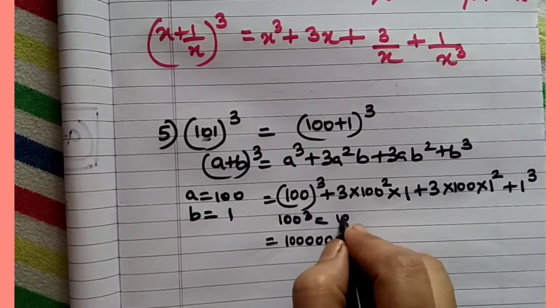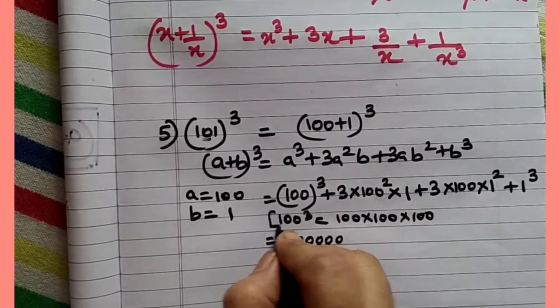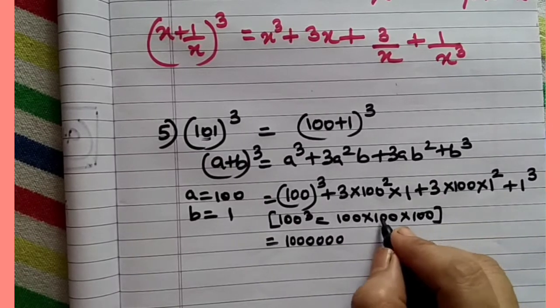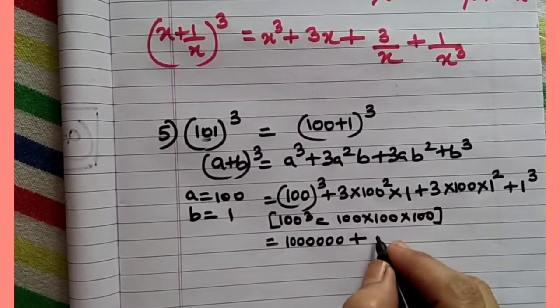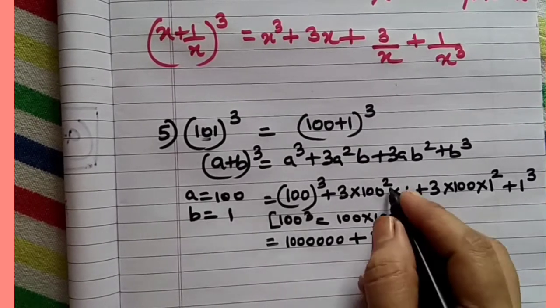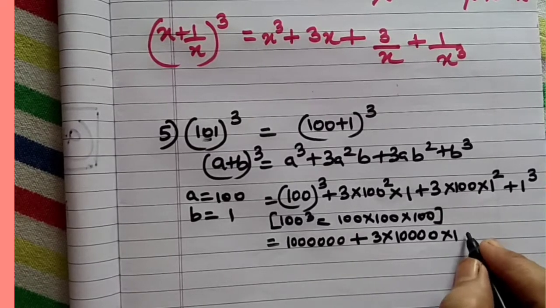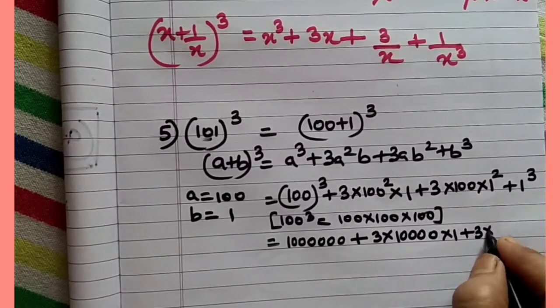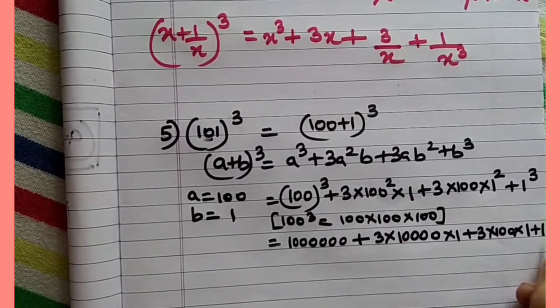So 1, 2, 3, 4, 5, 6 zeros. Now plus 3 into, now 100 square, that will be 4 zeros, into 1, plus 3 into 100 into 1 square is 1, plus 1 cube is 1.